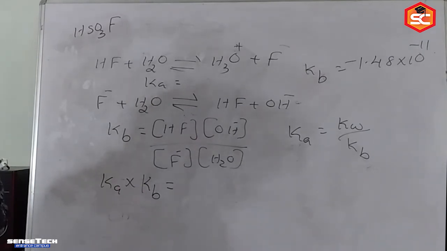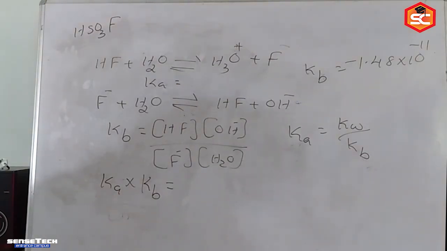Maximum acid strength, then H3O plus, then HSO4 minus, and the least one HCO3 minus.